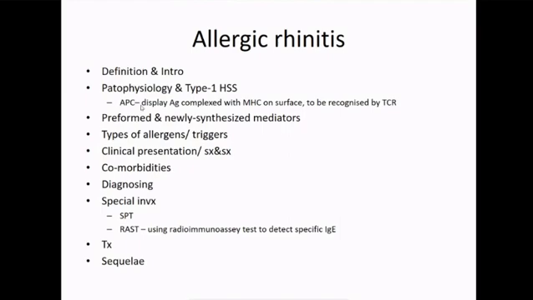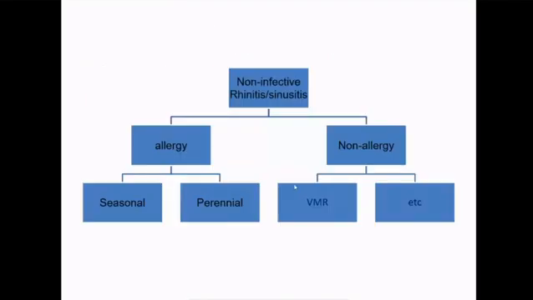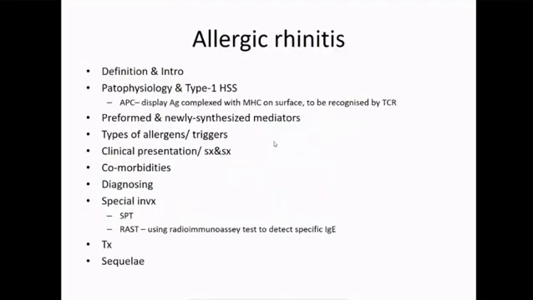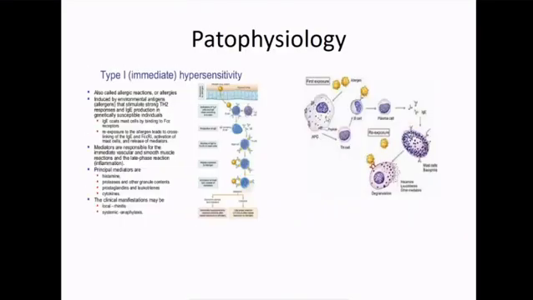Okay, the details about the pathophysiology of hypersensitivity type 1, we have to go back to the immunology class, where after the mast cell has been sensitized, and then there's subsequent exposure to aeroallergens, there will be cross-linkage.